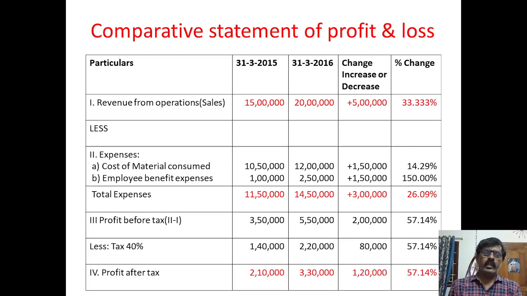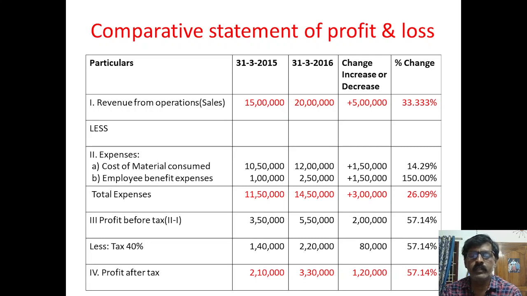And less expenses: cost of materials consumed is expressed in terms of percentage, 60 percentage for 2016, and for 2015 it is 70 percentage. So when we calculate the value, it comes to around 10 lakh 50,000, and for 2016 12 lakhs.